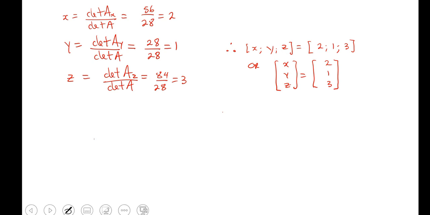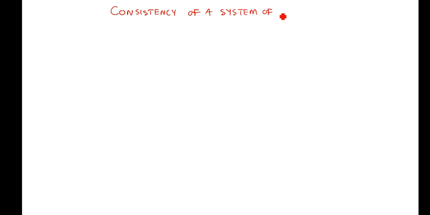Now, to complete this particular section as far as determinants are concerned, I just want to quickly add a property of linear equations, and that concerns consistency. Now, we've come across this before. So it's consistency of a system of linear equations.